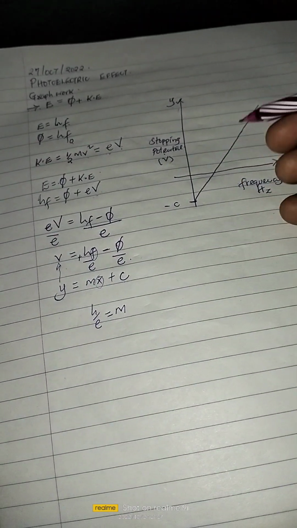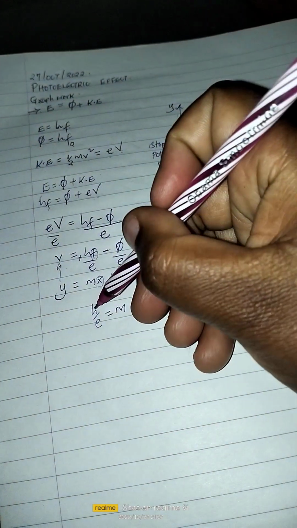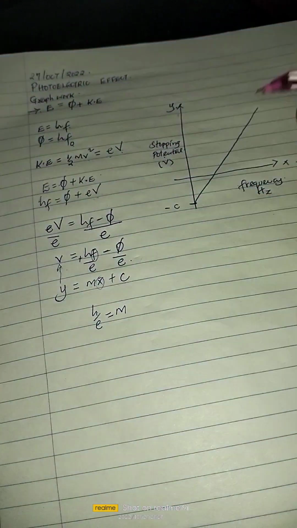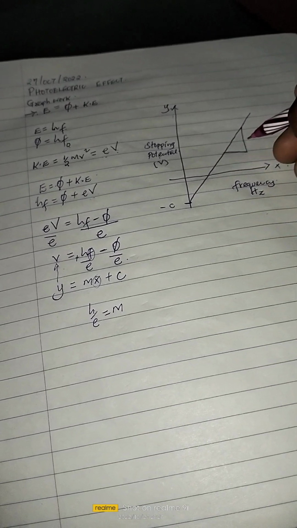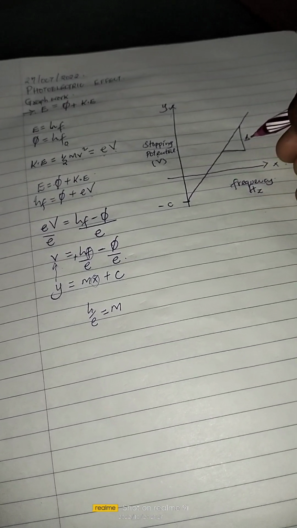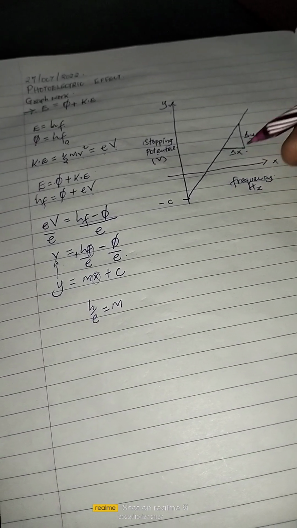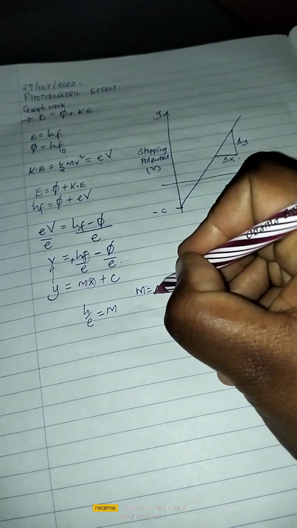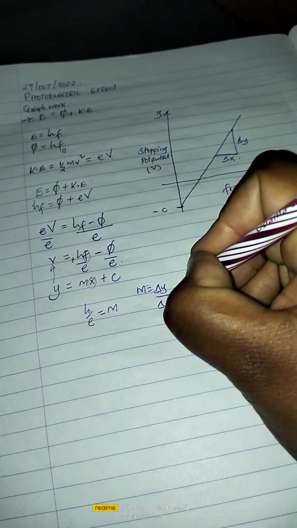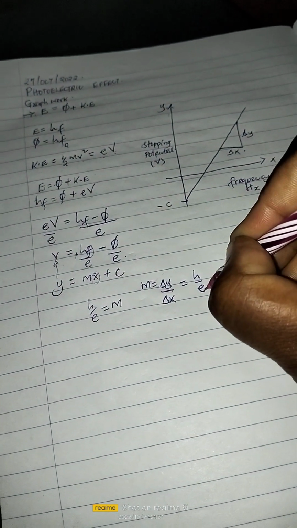So from this graph, how can we use it to determine some of these constants, like the Planck's constant? We shall start by first calculating the gradient of this line, which is given by change in y over change in x. So gradient m equals change in y over change in x, which is supposed to be equated to h over e.